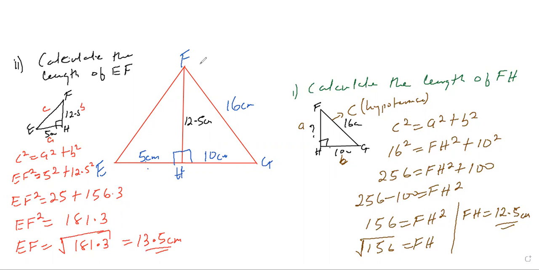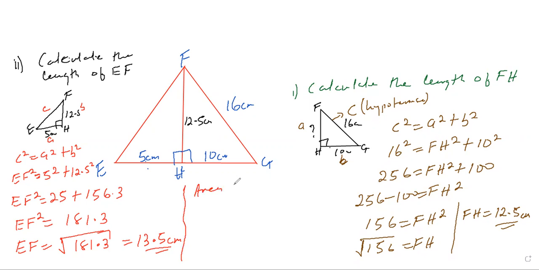We cool? But this is not all the questions, am I right? What was the next question? Calculate the area of triangle EFG. Now, we remember that we are trying to do the homework from yesterday, right? So we want to find the area.